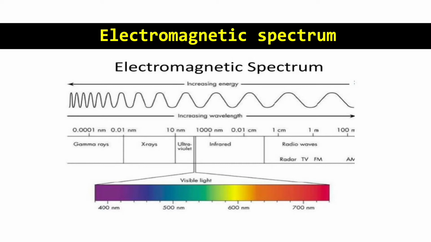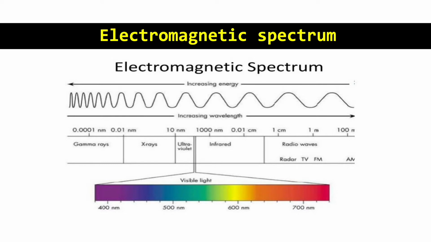In this spectrum, from left to right, the distance between two adjacent peaks increases. So the wavelength increases. If the wavelength increases, frequency should be decreasing. So the energy. We'll see how energy decreases with the frequency in a little bit.